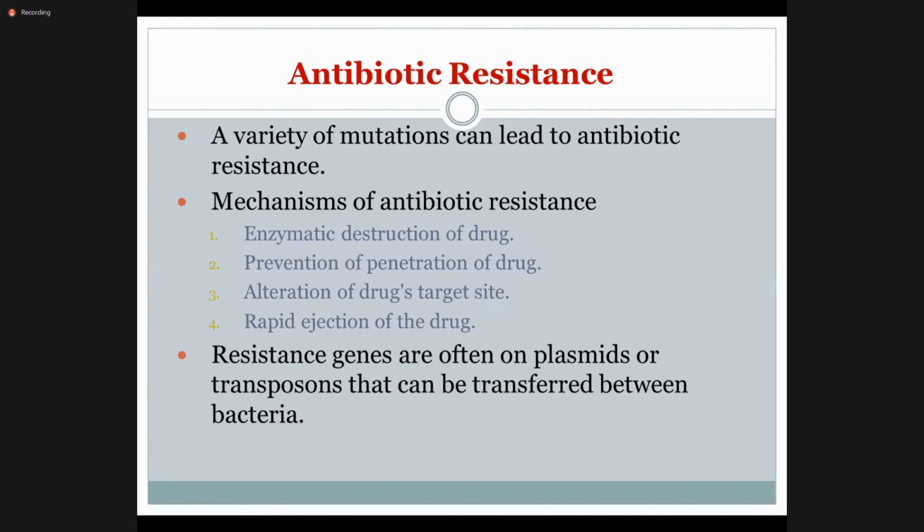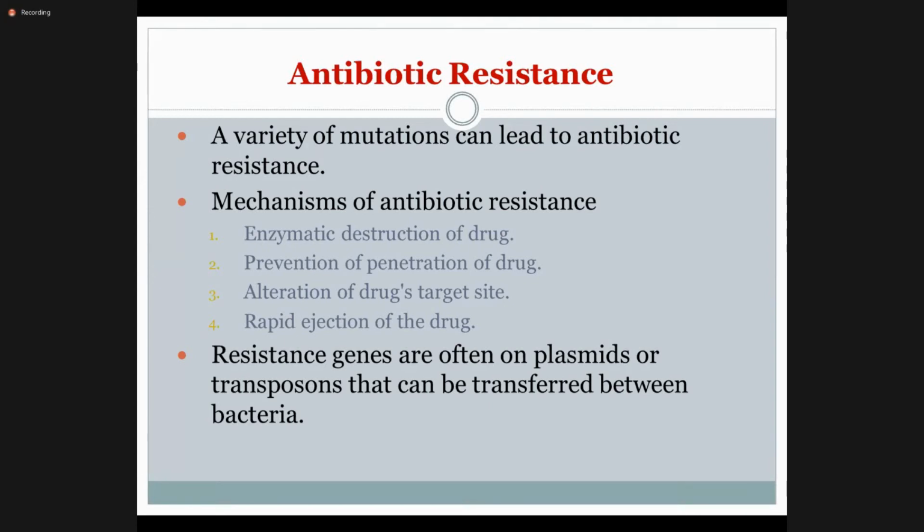We are not giving them time so they can modify themselves, because this is one of the important abilities even in the microorganism, right? If we give them the opportunity, they can modify themselves, they can alter themselves, and this is called the mechanism of resistance. So this is one of the reasons from the patient side: they are not taking the antibiotic for the complete course that is recommended by his or her physician, right?